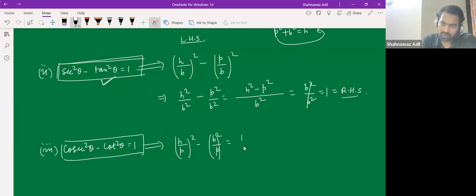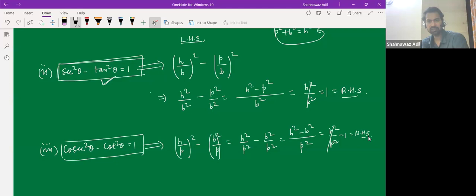So h square by p square minus b square by p square, again LCM, and h square minus p square, which is p square by p square, which is 1, which is RHS. So this is the third identity. All these three are very important. So the next exercise is all about these three. Okay, so please note these two.